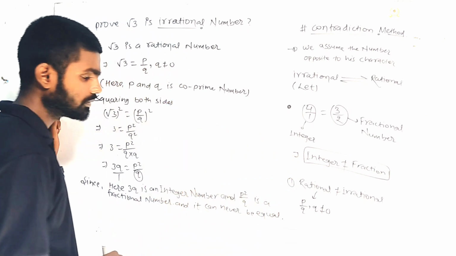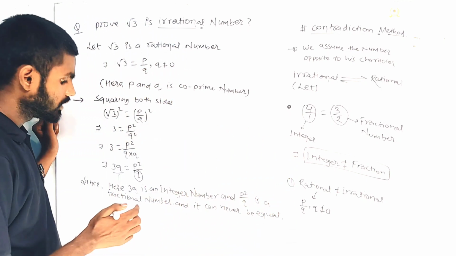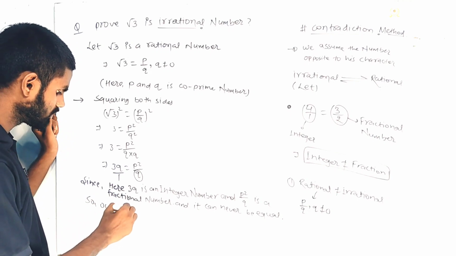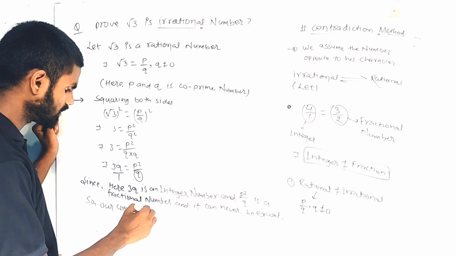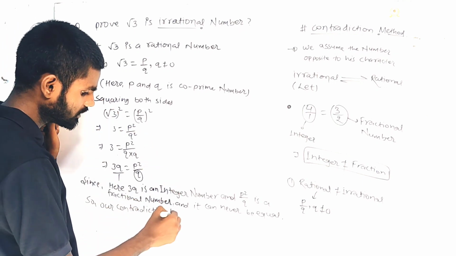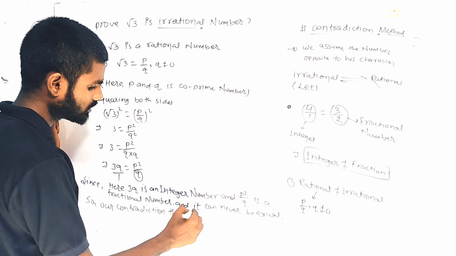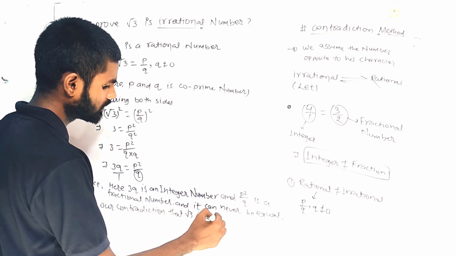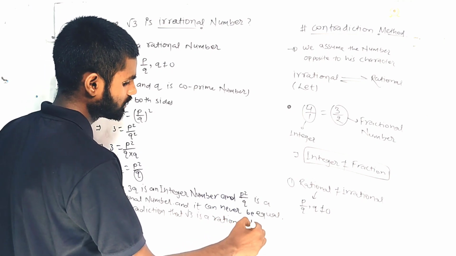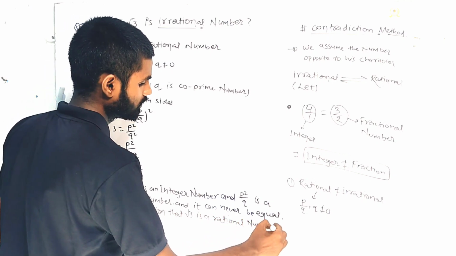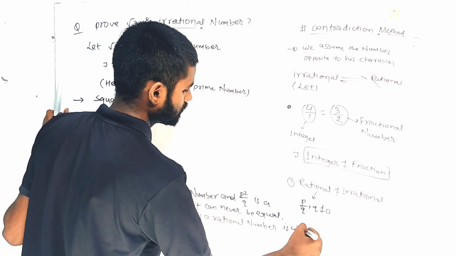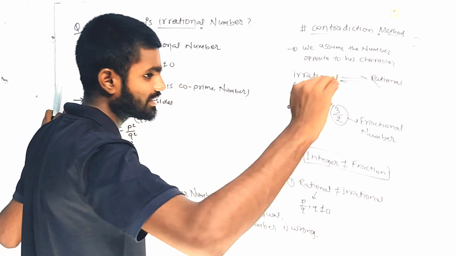If they can never be equal, then what can we say? Our contradiction, meaning our assumption that root 3 is a rational number, is wrong, it is not acceptable.